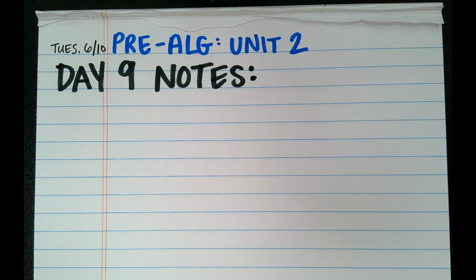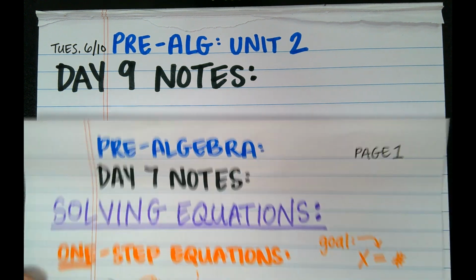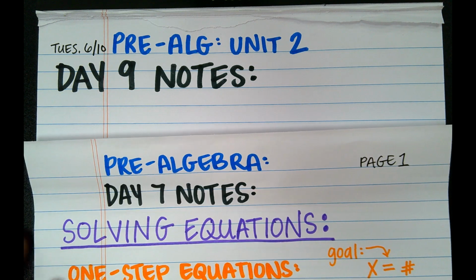So, grab a note. We went over one-step equations. We've done two-step equations. We've even done a few multi-step equations. Here it is, this is from day 7, last Thursday.